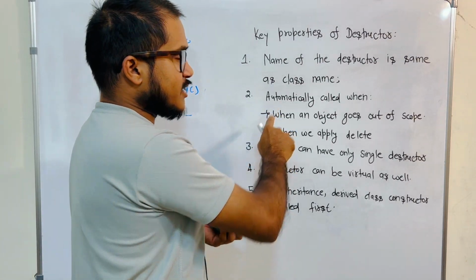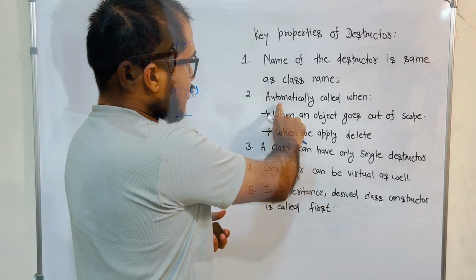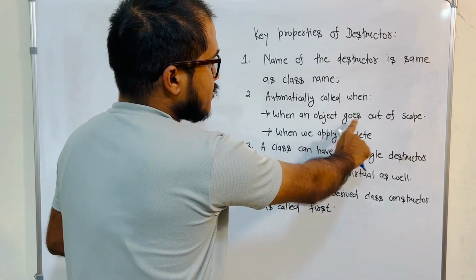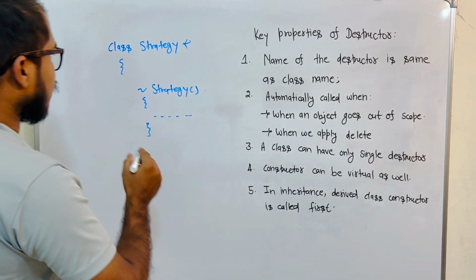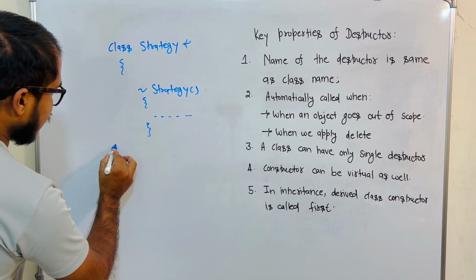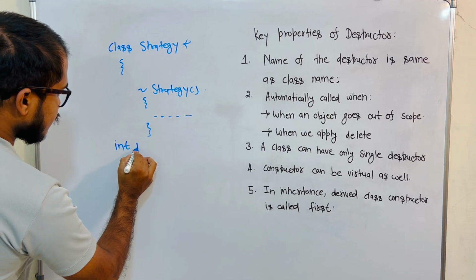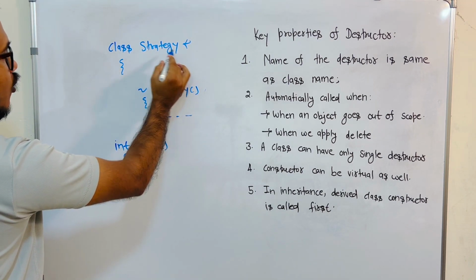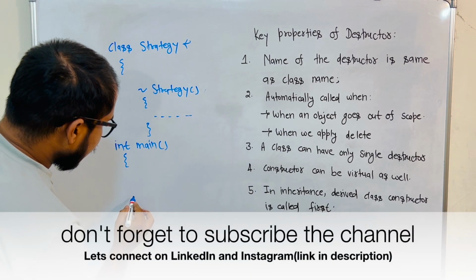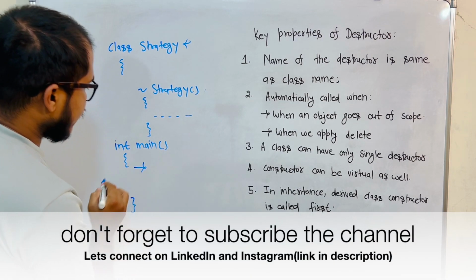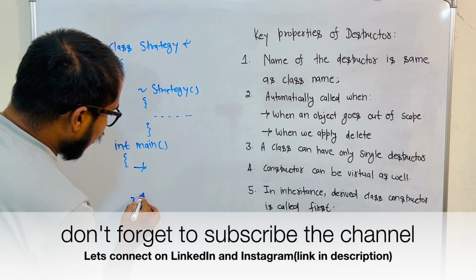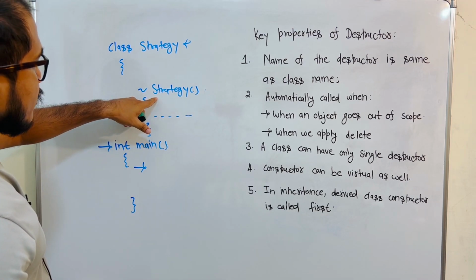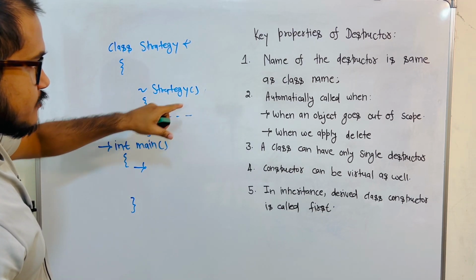Now if I talk about the second property of the destructor, then the destructor automatically gets called when an object goes out of scope. So let's say I have my main function and I create the object of this particular class inside main, and when I go out of scope of this main, at that time the destructor will be called automatically.